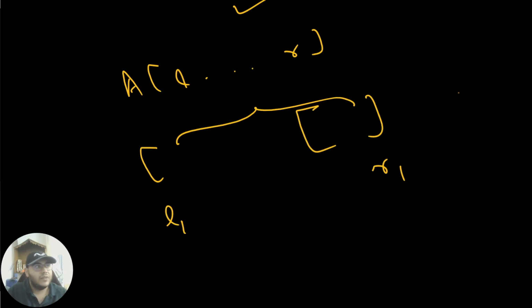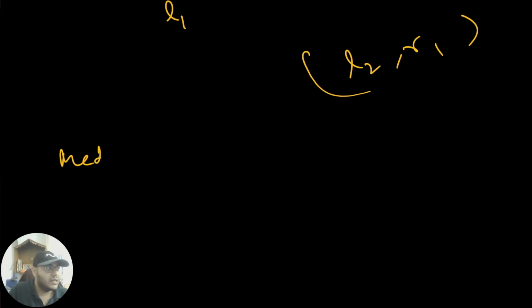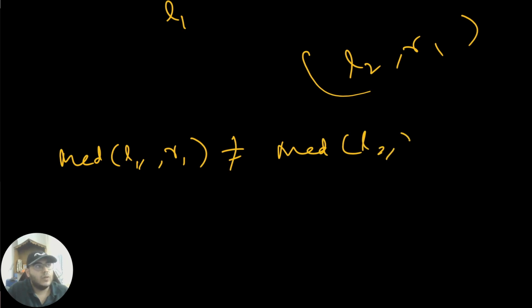Let's say in the next query we have some subarray like L2 comma R1. The problem is the median does not persist. The median of subarray L1 comma R1 may be, but is not essentially, equal to the median of this smaller subarray L2 comma R1.